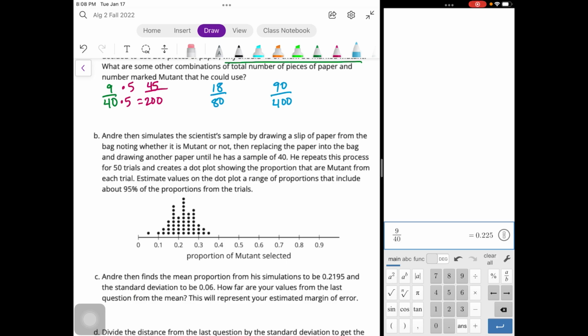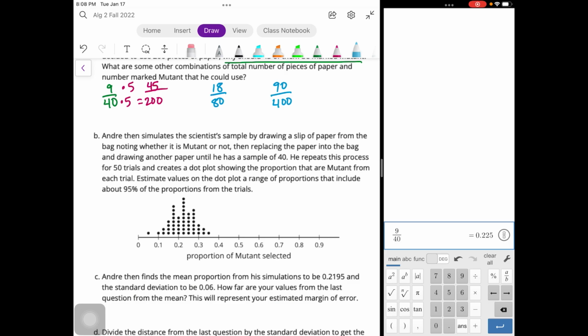Estimate values on the dot plot a range of proportions that include about 95% of the proportions from the trials. So what values on the dot plot are a range of proportions that include about 95%. Remember that 95%, well, let's see, we have 50 trials.